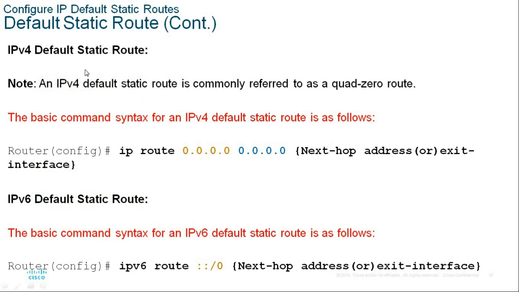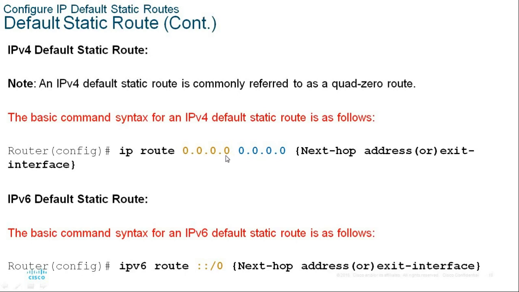Now, what is the syntax? How to configure the default static route? If you want to configure the default static route, the network is 0 and the subnet mask is also 0. So this is the syntax for the IPv4 default static route: IP route followed by the network.